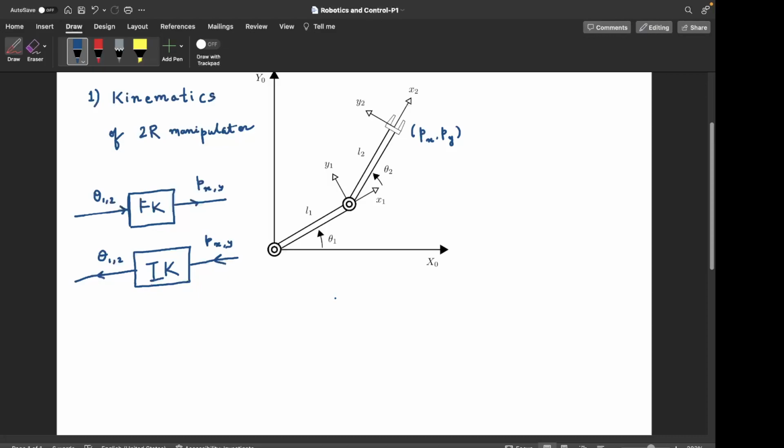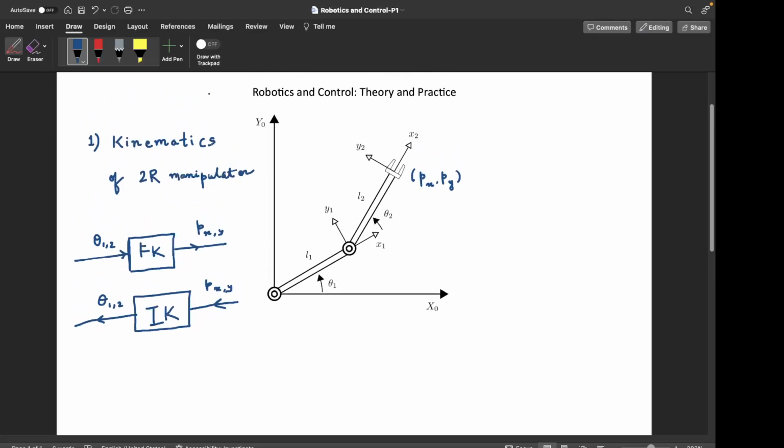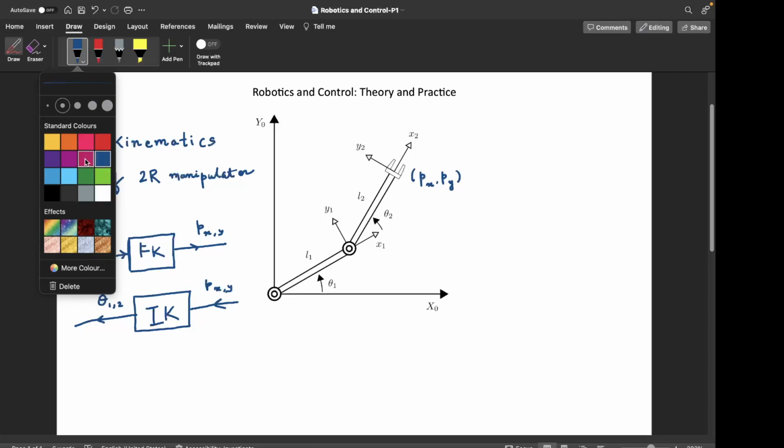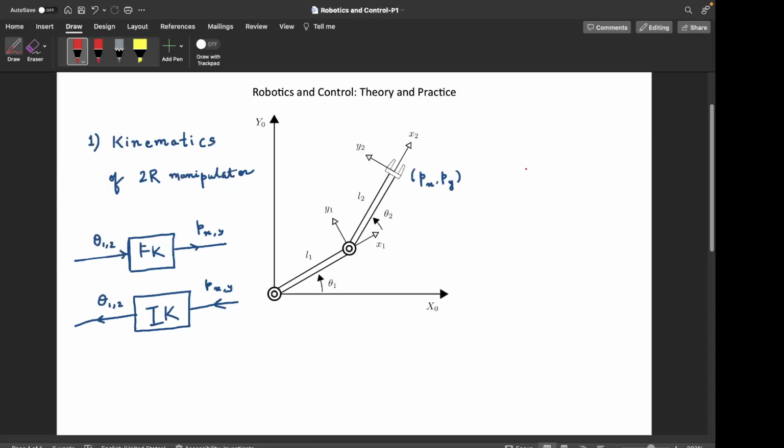so that you get a revision of that also. So let's write the DH table for this. Right. So DH parameters, as you would remember, are the twist, the link length, the joint offset, and the joint angle.